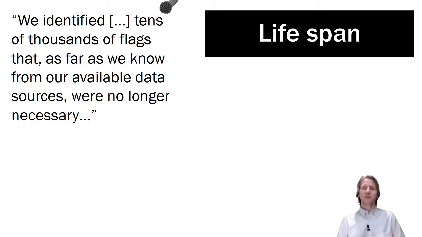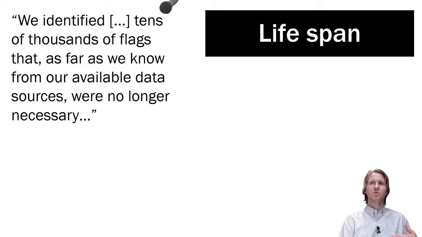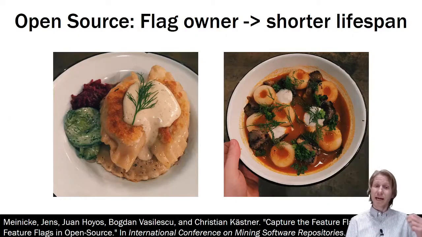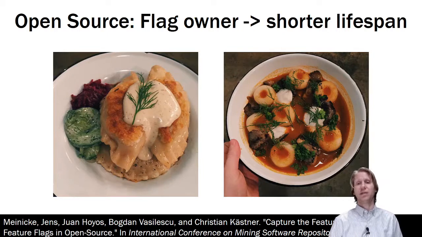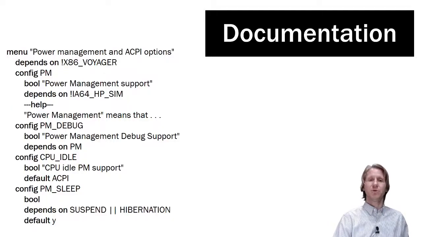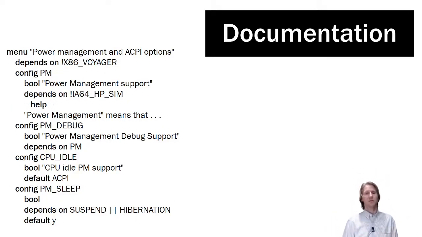And there are actually mechanisms and lots of opportunities to really document expectations about lifetime and conditions and have some tooling and some automation in the process. Speaking briefly again about our other paper, we found that flag ownership actually corresponds to shorter lifespan. So I think there's lots of opportunity to study good practices here.